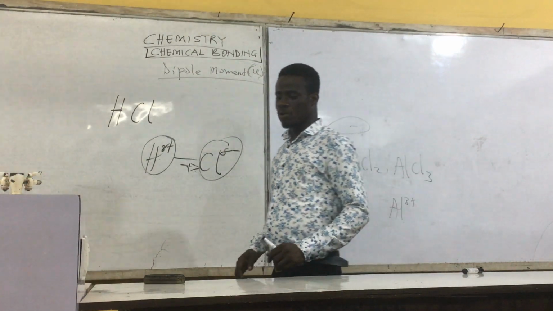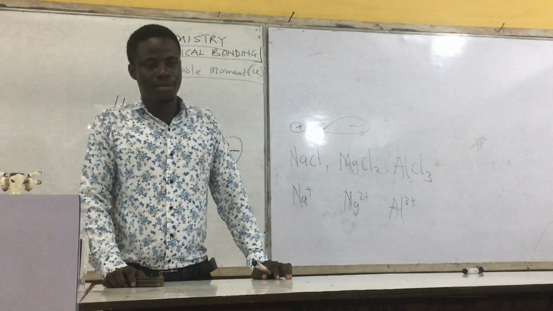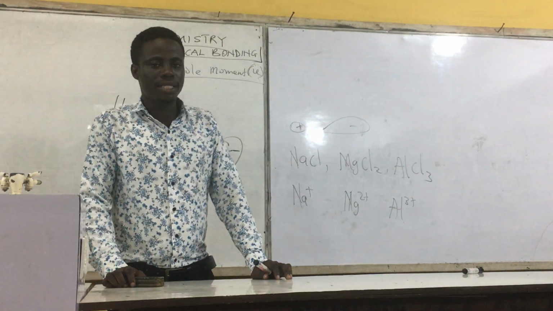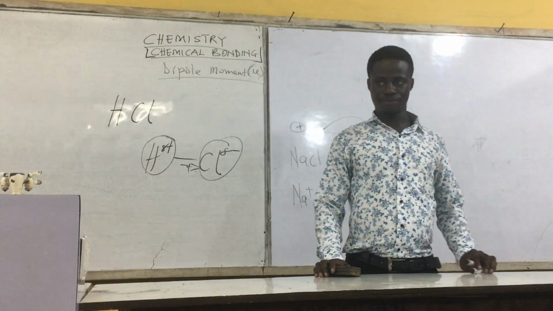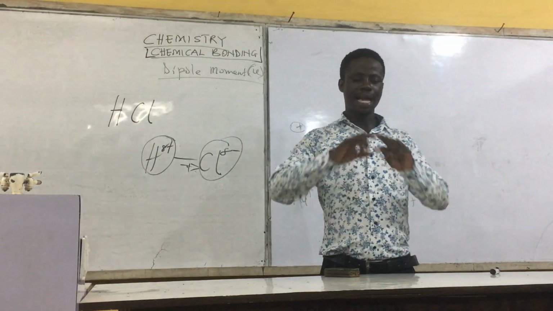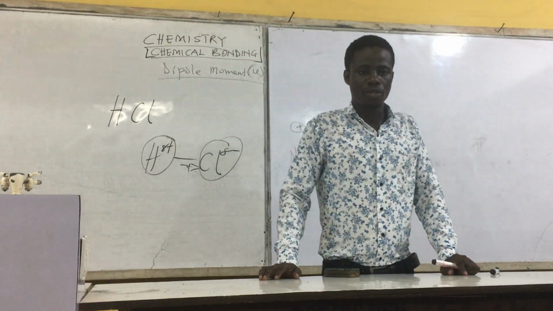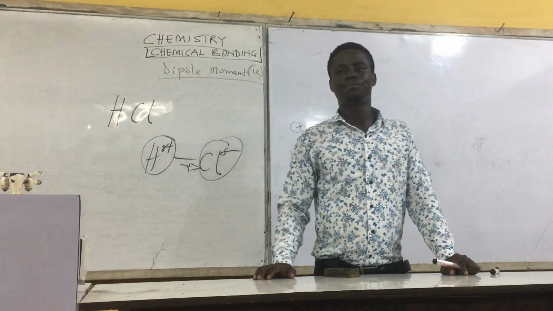Now, all this we are talking about is a result of getting stability or obeying the octet rule. We have already said in our previous videos that anytime you draw any of these structures, they are represented in what we call Lewis dot structures to show stability.